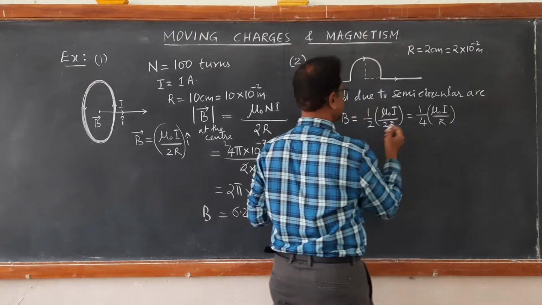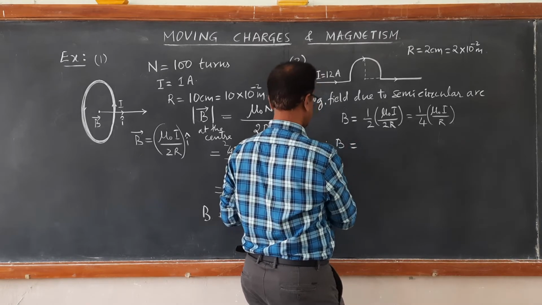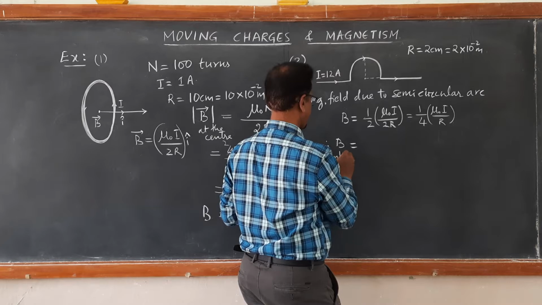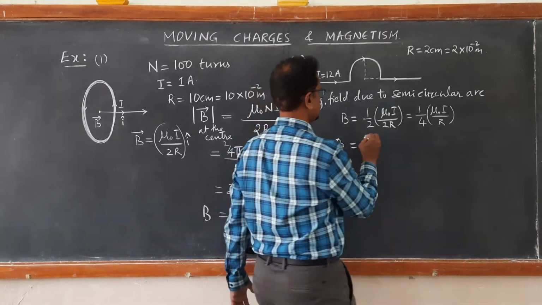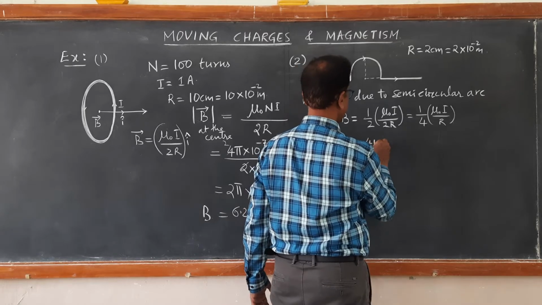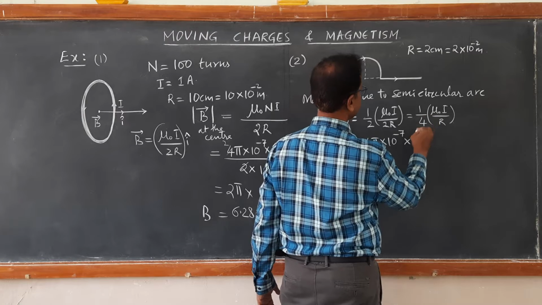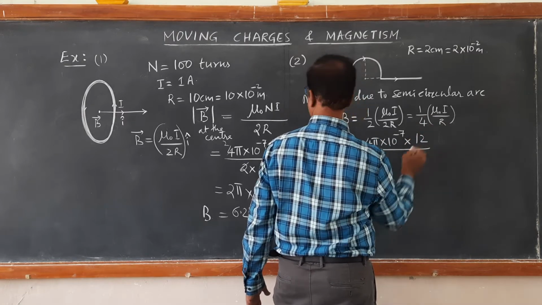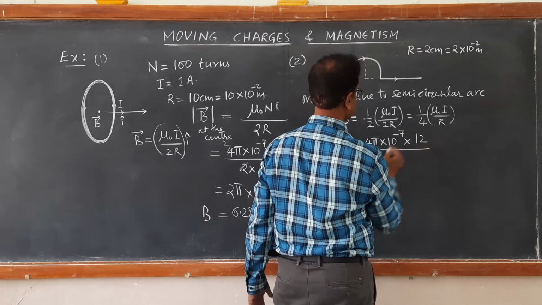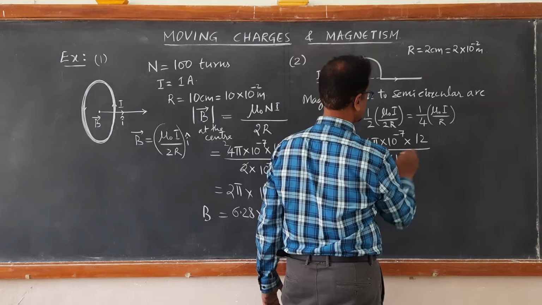So just substitute the values. Therefore, B at the center due to the semicircular arc carrying current is given by 4 pi into 10 to the power of minus 7 into current 12 amperes, whole divided by r. R is the radius, 2 centimeter, 2 into 10 to the power of minus 2 meter.